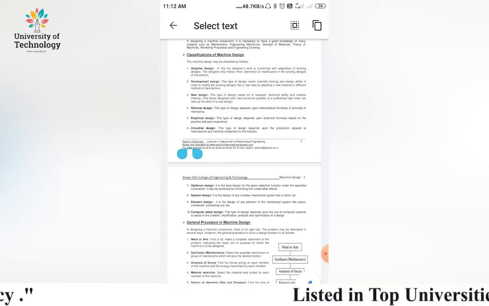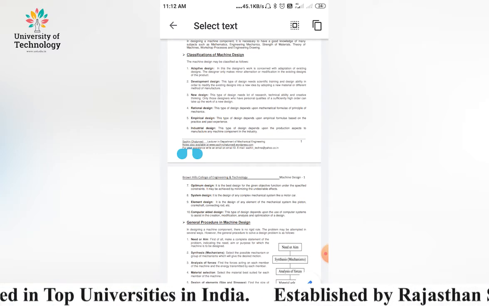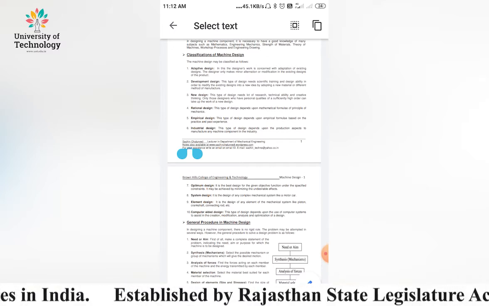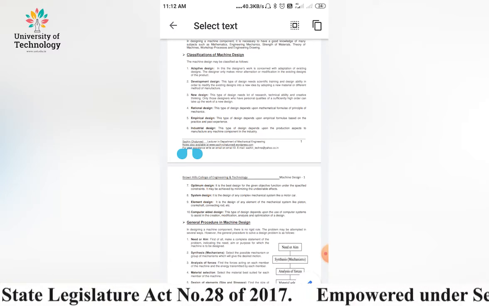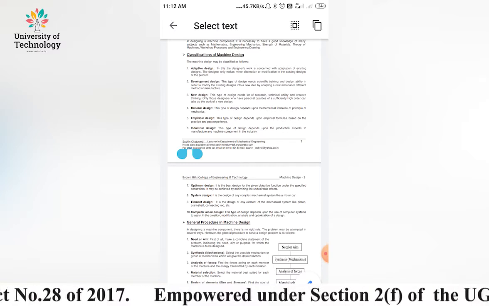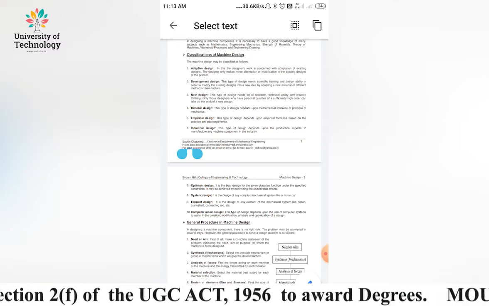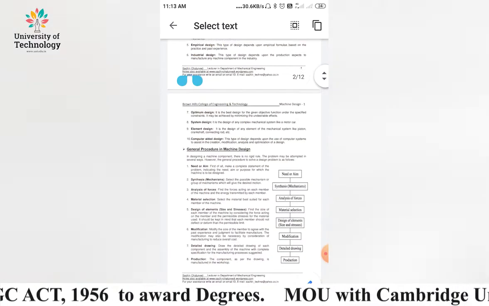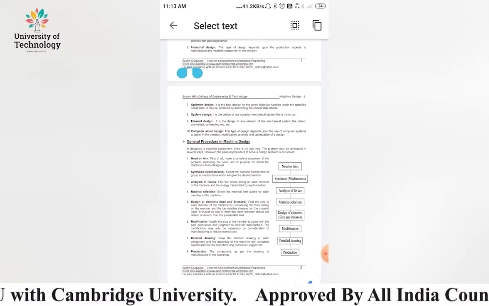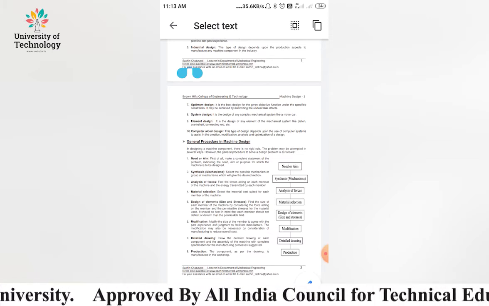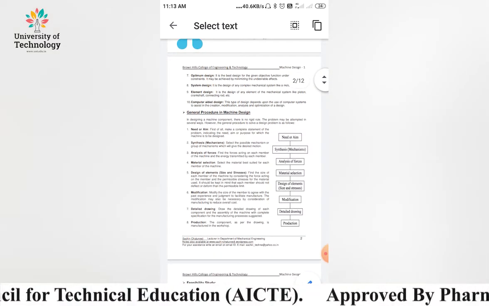This type of design depends upon mathematical formulae of principles of mechanics. Empirical design. This type of design depends upon empirical formulae based on the practice and past experience. And industrial design. This type of design depends upon the production aspects to manufacture any machine component in the industry.